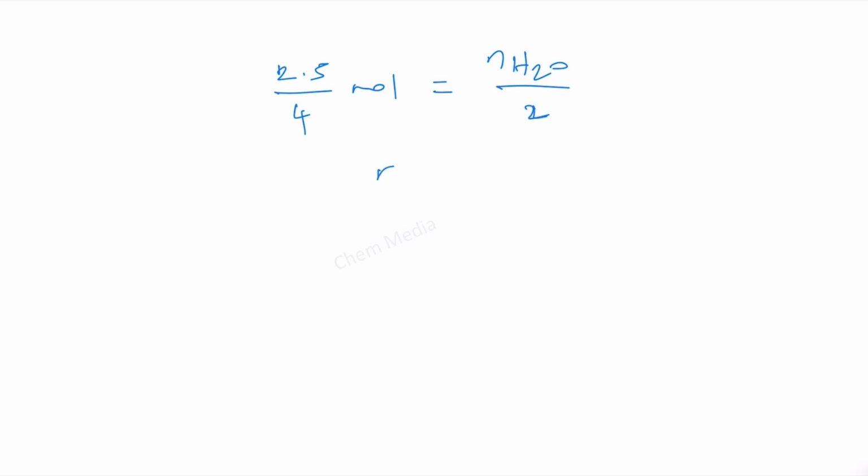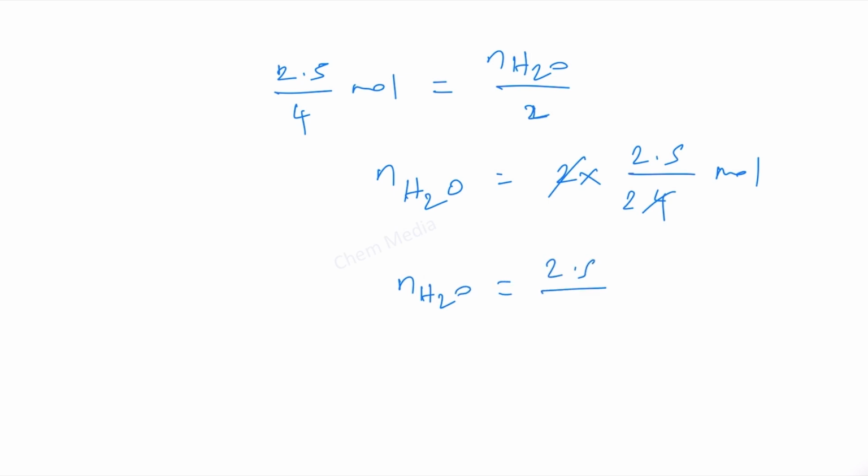If we cross multiply, then number of moles of H2O is equal to 2 times 2.5 divided by 4 mole, and therefore, this will become 2.5 divided by 2. Number of moles of H2O is 2.5 divided by 2 mole, and we know that number of moles is mass divided by molar mass.